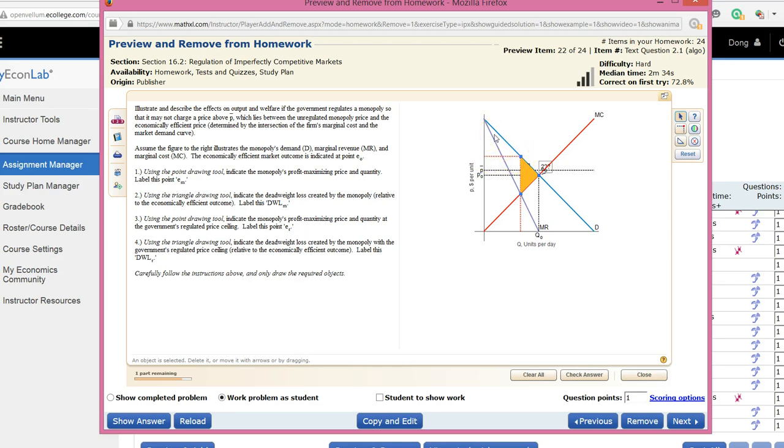They would have paid more, but the price for everybody is the same, so the consumers gain.